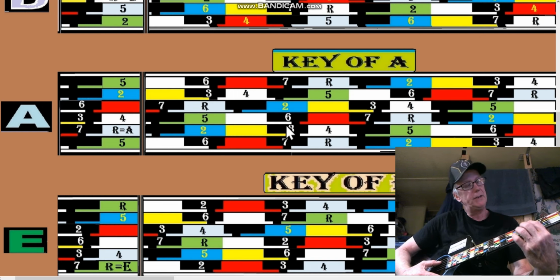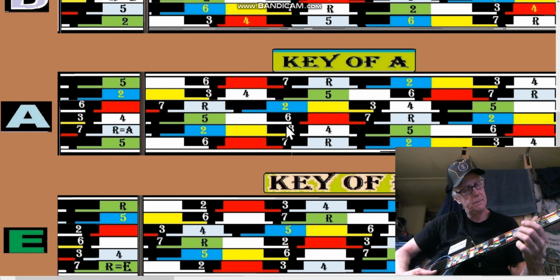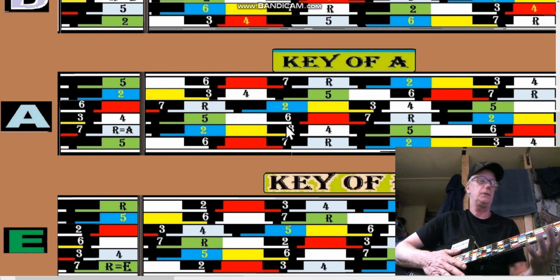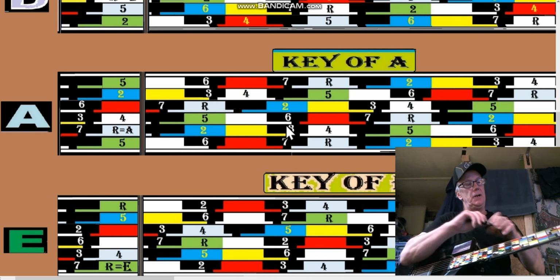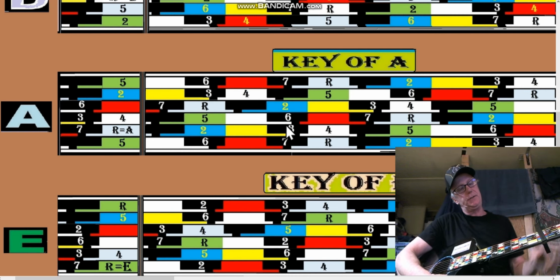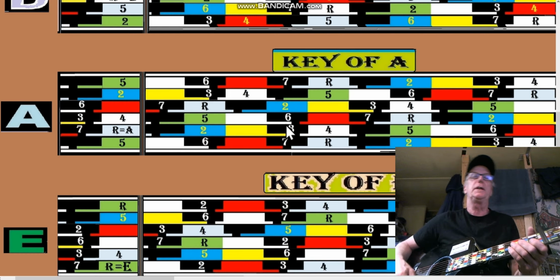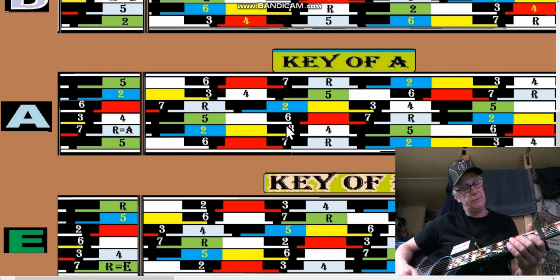Okay, I want to do A shape from there. But we can't do that because we've got a fret nut. There's two ways to do it. The easy way is go the next shape up. So what comes after the A shape? The G shape.